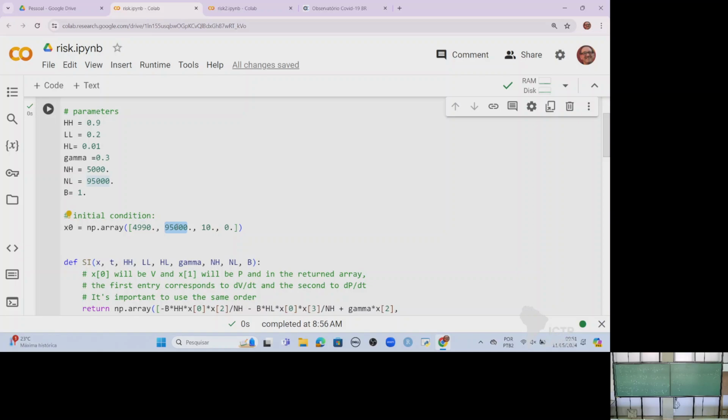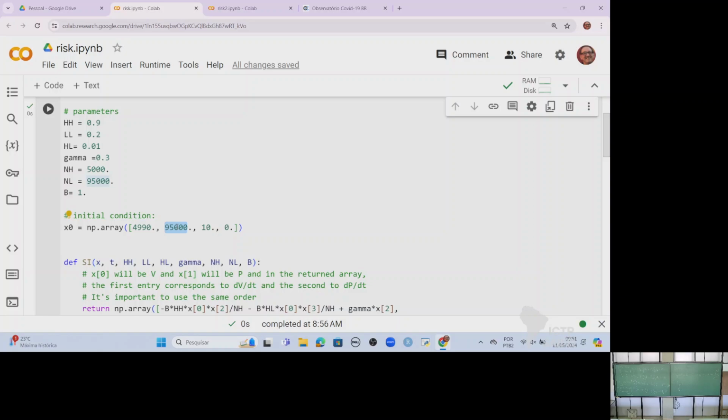So this is beta high times x0, which is S high, times x2, which is I index high, divided by the number of high infectious people. It's just the first term of the first equation. Then the rest follows the same way of formulating things.